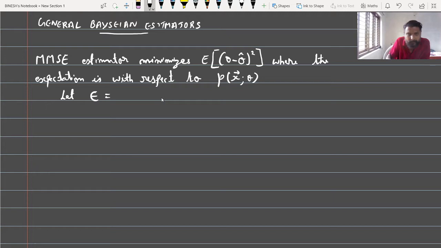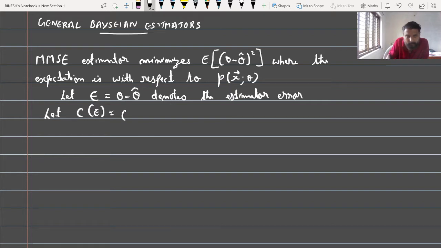I will denote e as theta minus theta cap, which is the estimator error. Similarly, I will denote the cost of an error e as C of e, which is theta minus theta cap squared.